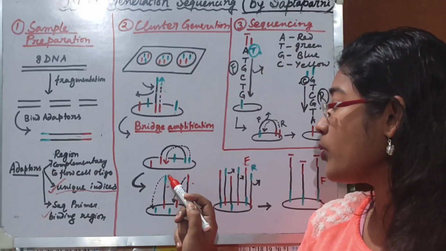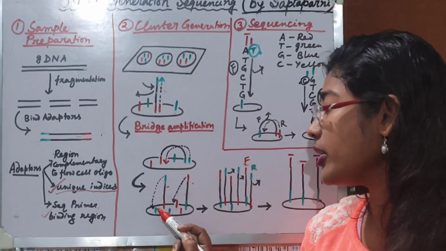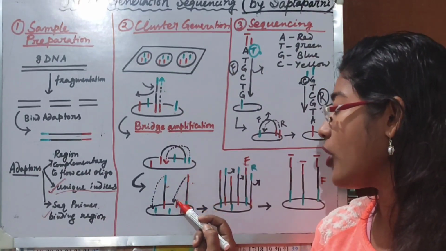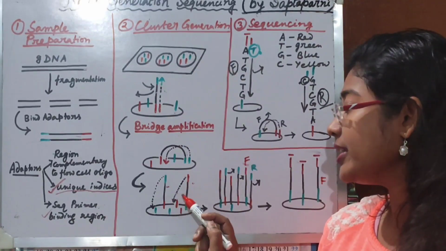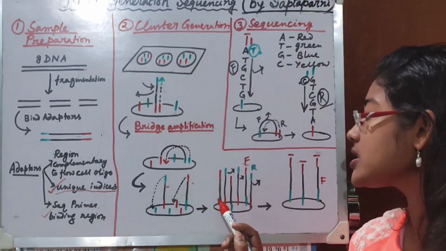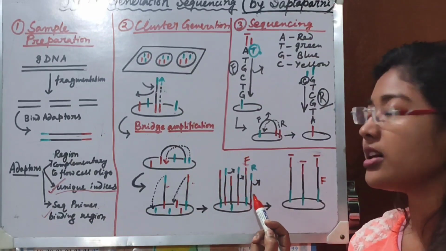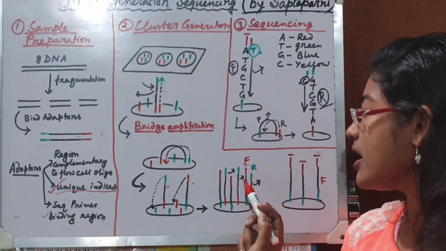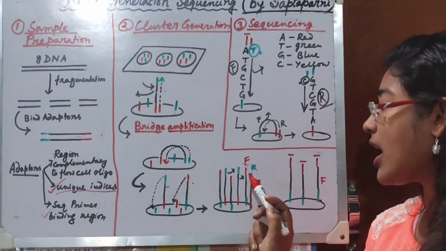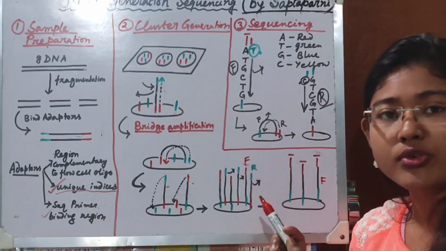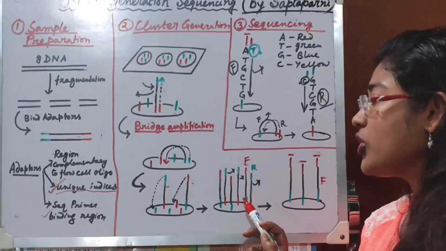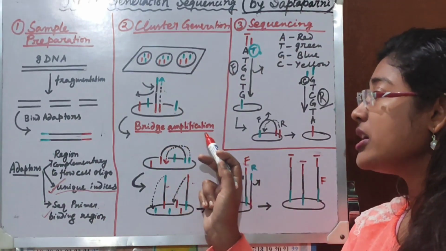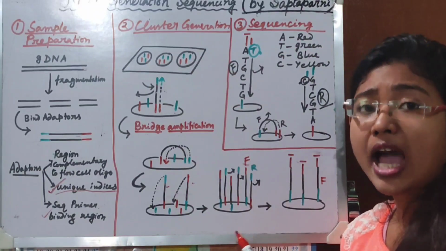See here, this one will form a bridge with the green oligonucleotide, and this one will form a bridge with the red oligonucleotide, and that is how they will repeat the cycle and will form a cluster of forward and reverse strand in each flow cell. Okay, see here, in this cluster you will find both forward strand and reverse strand are present here. Okay, and this kind of amplification by bridge amplification is known as clonal amplification.